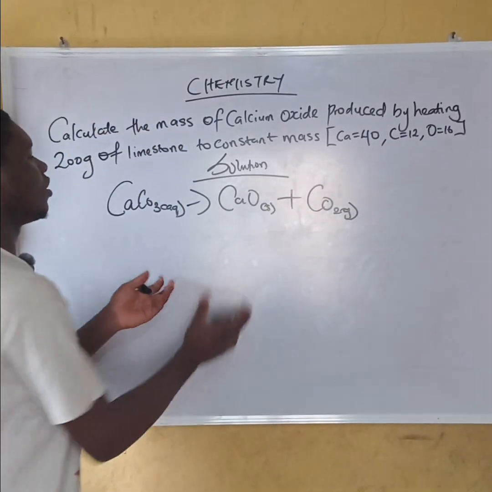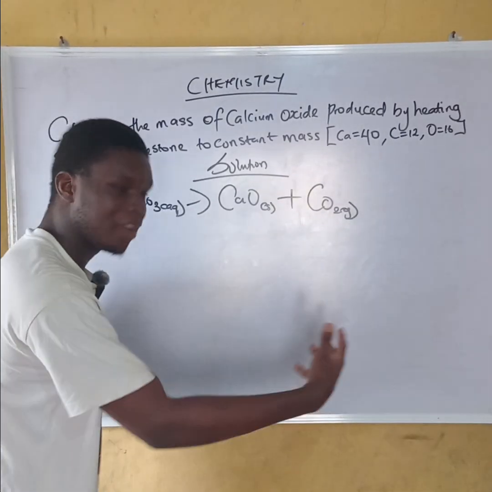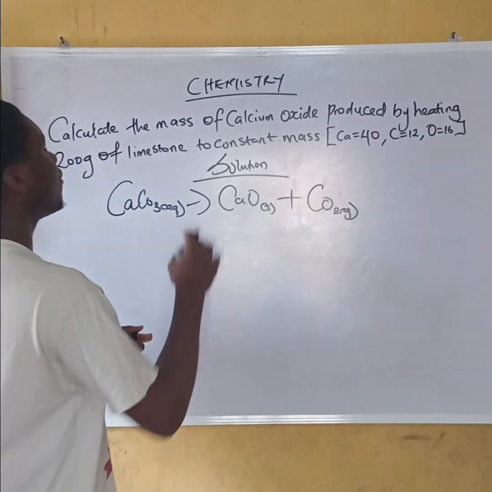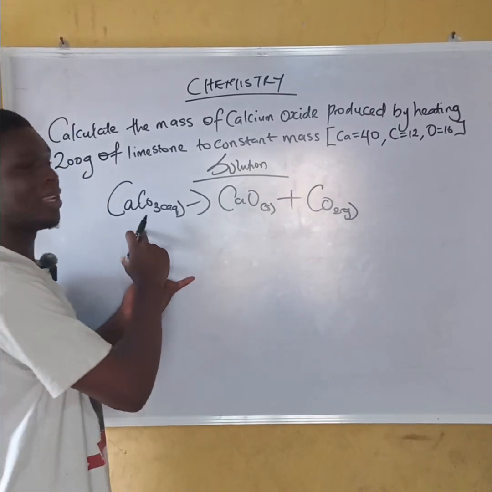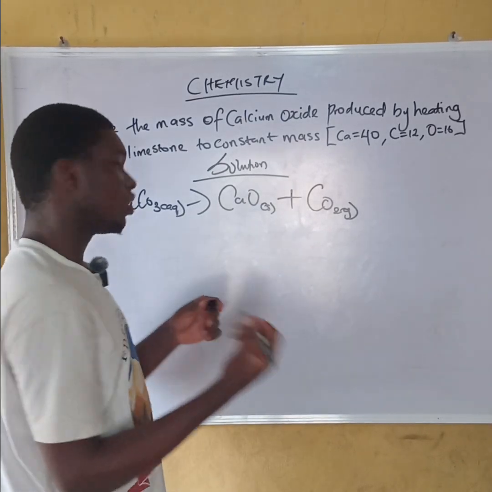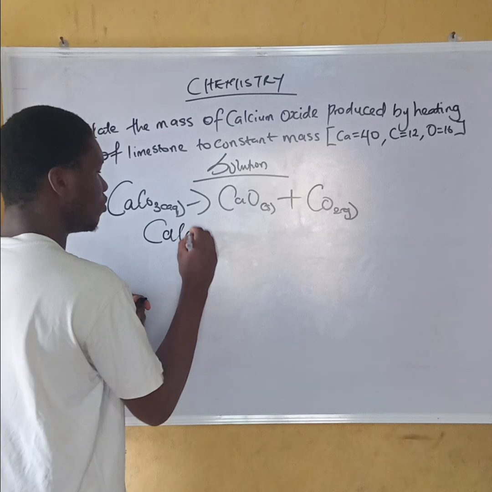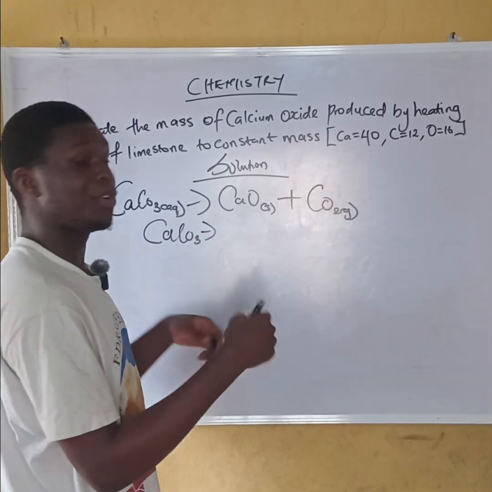So now moving on, looking at this question critically, how do we move further from this particular point? We move further by calculating the molar masses of the compound CaCO₃, which is limestone, and of course calcium oxide. The molar mass of a substance is the mass of 1 mole of a substance expressed in grams.